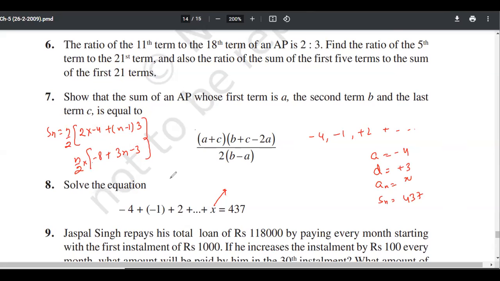Okay, so n by 2 into 3n minus 11, and that is equal to 437. So we get 3n square minus 11n is equal to 874.